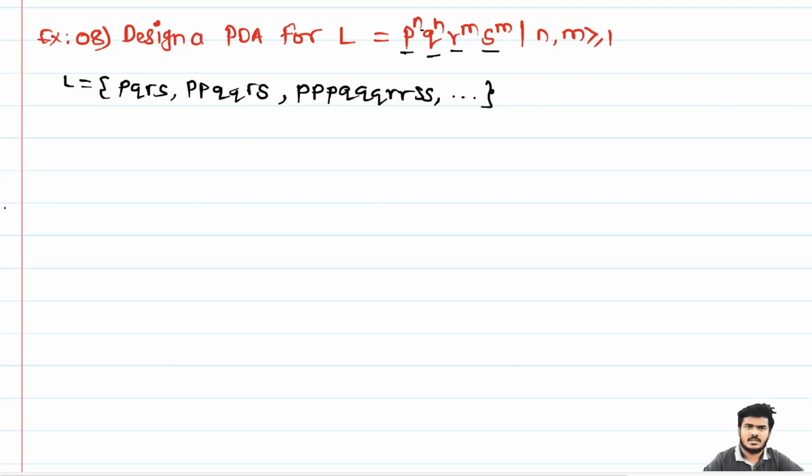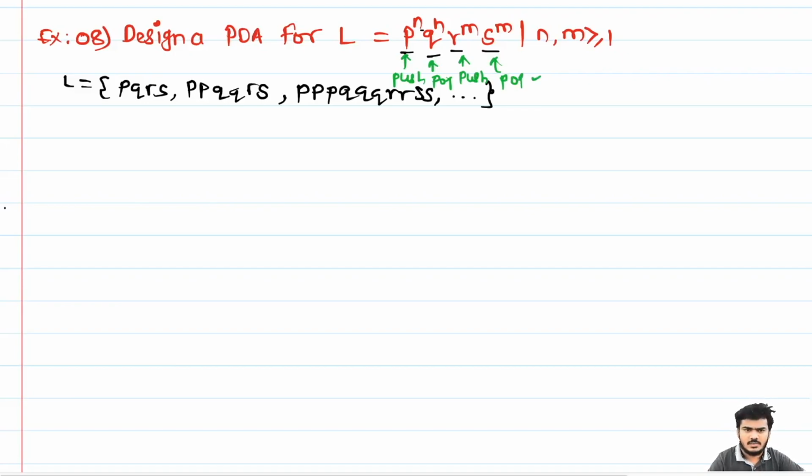So we can compare p with q, and r with s. When p occurs, we push p into the stack, and whenever q starts occurring we start popping. Similarly, when q is over and r starts occurring, we push r into the stack, and whenever s starts occurring we pop that r using s. Okay, so the logic is clear.